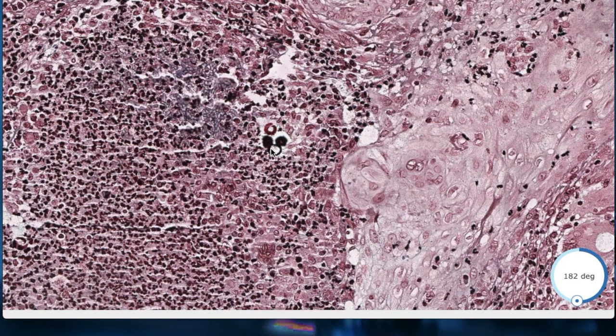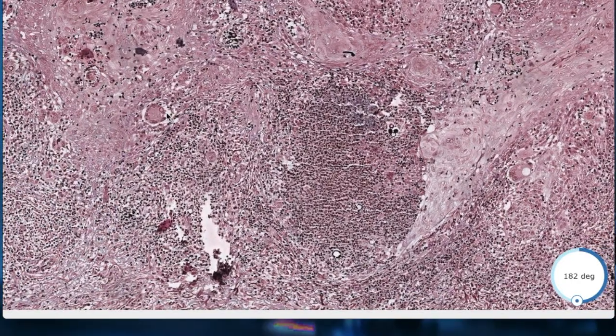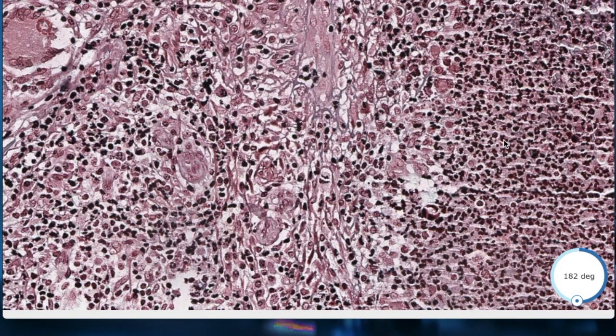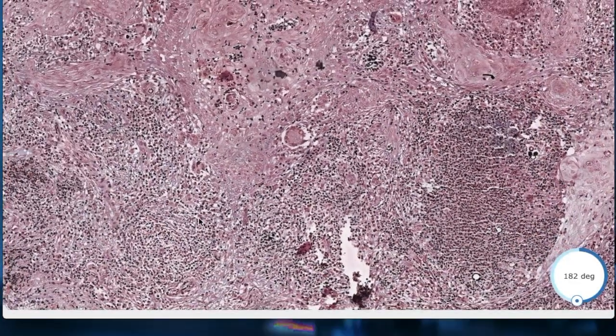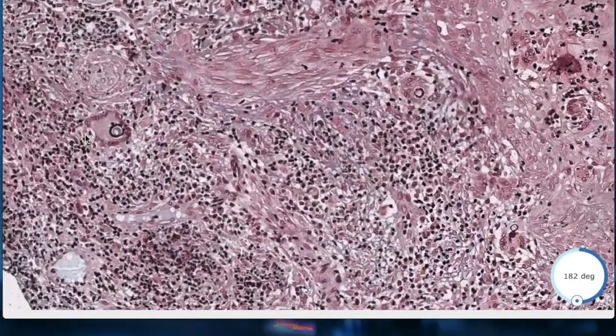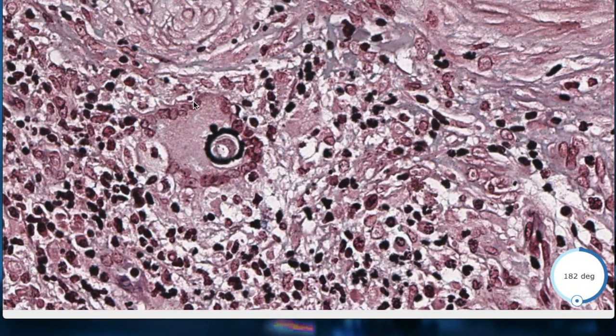So what are these organisms? We have also giant cell formation and lots of neutrophils. It's like abscess formation. If we look at another area, this is a multinucleated giant cell, and we have this organism inside those giant cells.